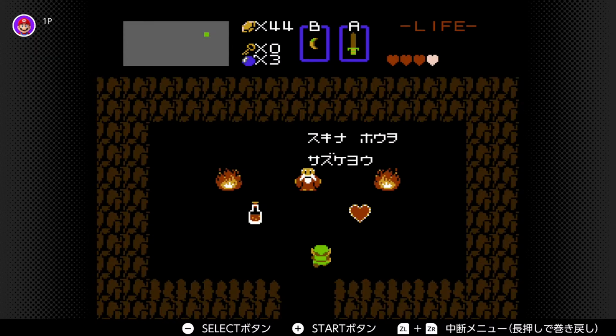Ho o, again o, the object particle. So the object of sasuke yo is ho. Ho in this case should be literally direction.